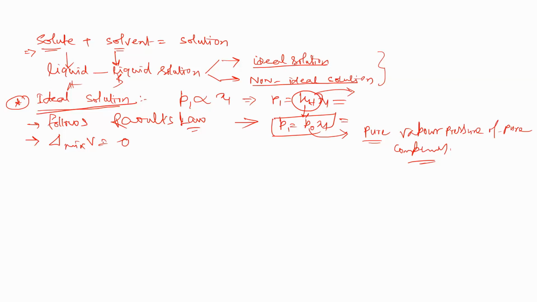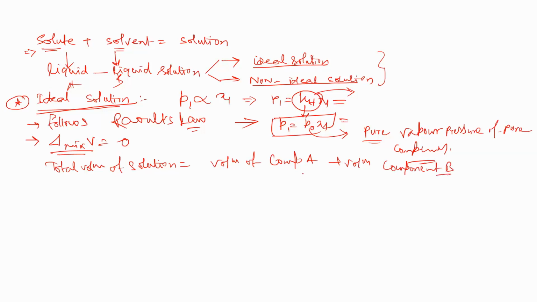That means the total volume of solution equals the volume of component A plus the volume of component B. So the sum of the volume of the solute and the volume of the solvent equals the total volume of the solution.